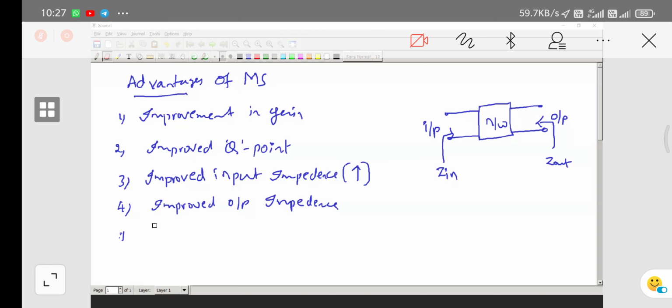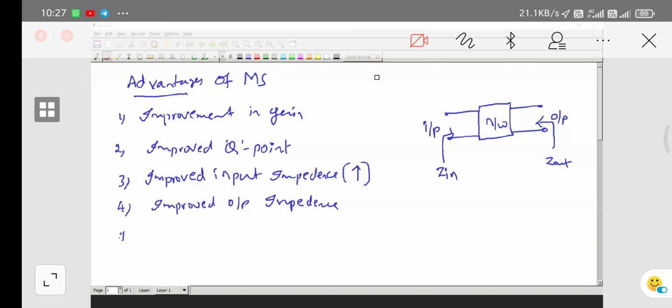Circuit becomes more complex, that is the second disadvantage. Why? Because you have already seen single stage common emitter, common base, common source and common drain amplifiers, right? In those cases you observed the circuit connections.